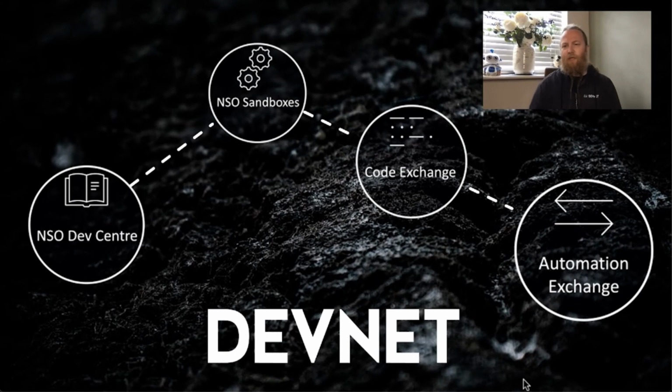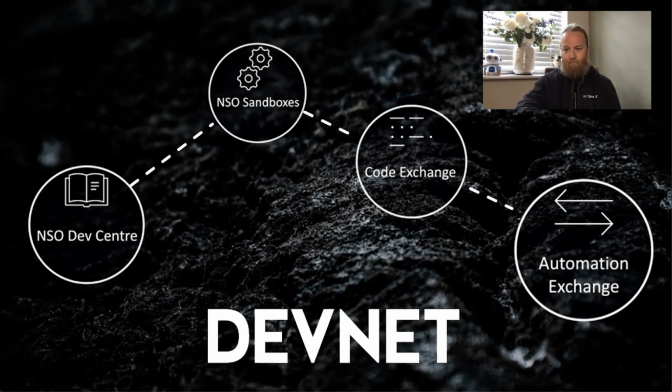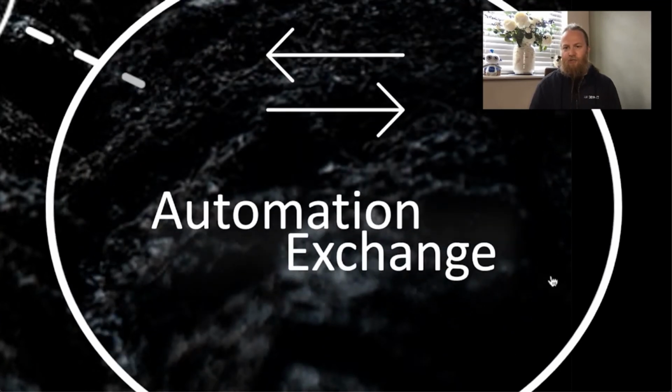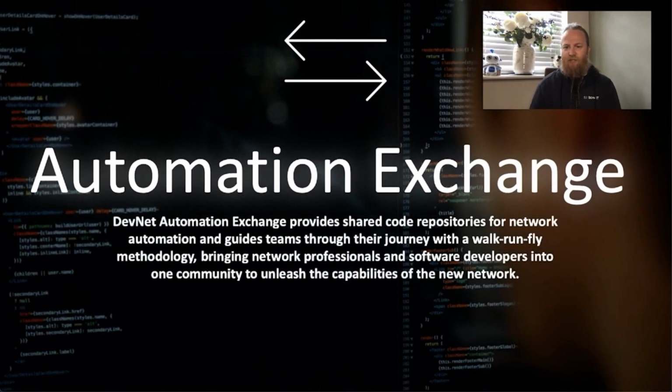We wanted to take Code Exchange one step further, and this is why we created Cisco DevNet Automation Exchange. And so Automation Exchange really takes that best practice into account. It's taking just pieces of code and solving real-world challenges that we see our customers and partners making.